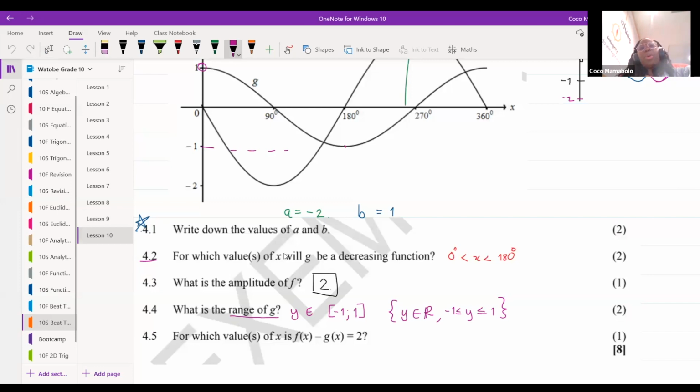It says here, for which values of x is f of x minus g of x equal to 2? Okay, so who can try and interpret this question for us? What do they actually want from us here? Does anybody know? Anybody have any idea what exactly they want? Oh, okay, let me rather ask this.